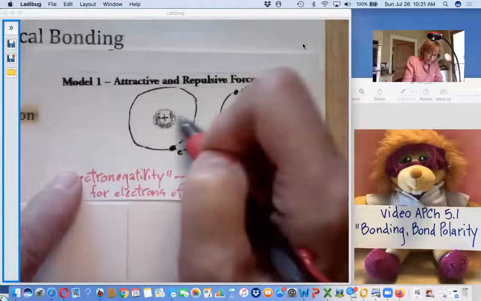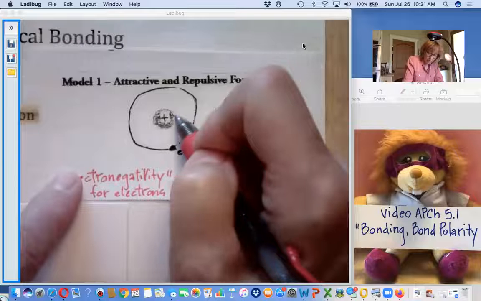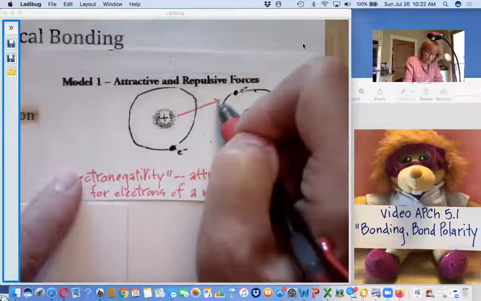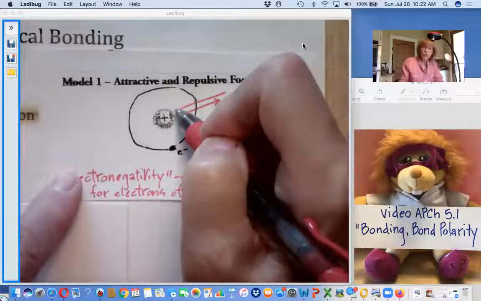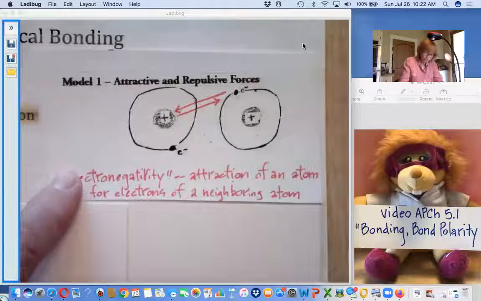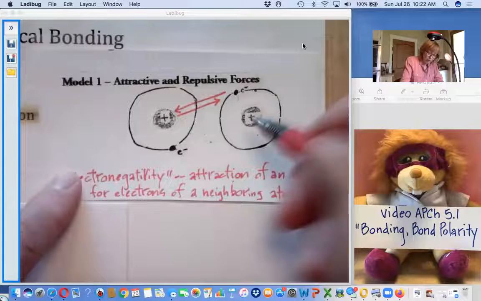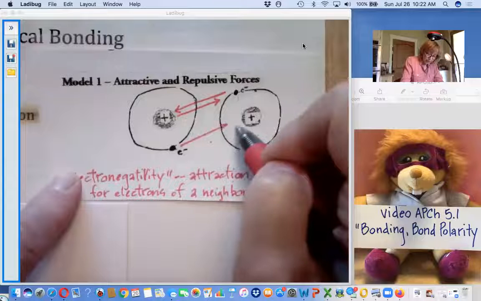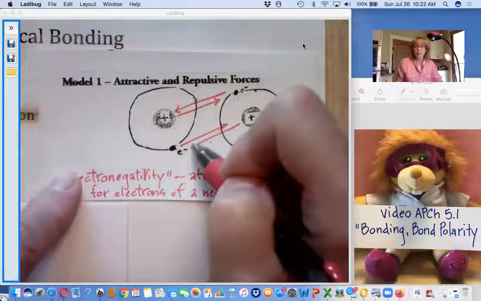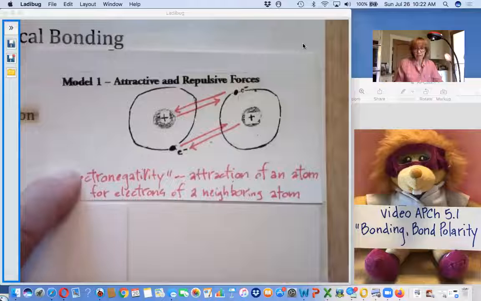So I'm just going to represent that these protons are attracted to these electrons as the electrons are attracted to the protons next door. And same thing here, Coulombic attraction between protons of one atom and electrons of another.